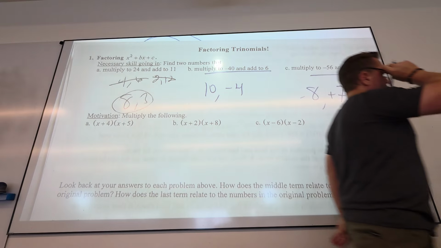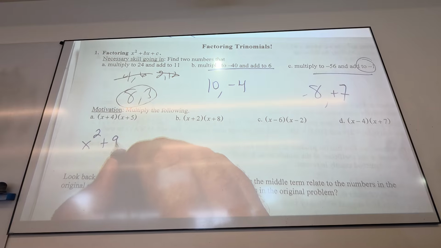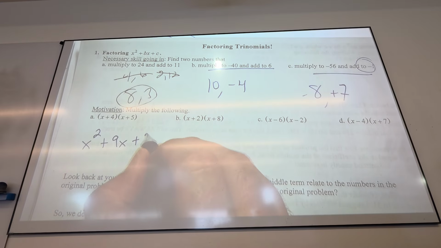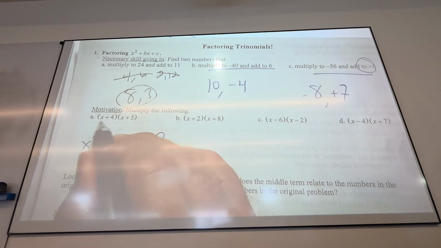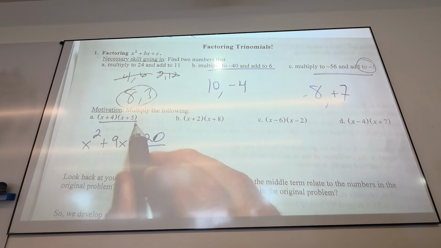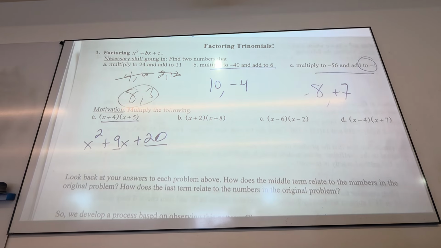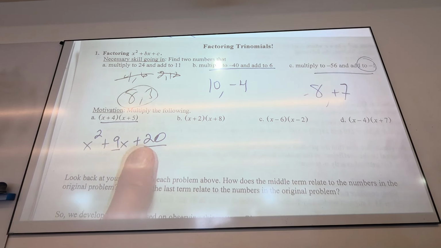So if I multiply, what did you guys get when you FOIL this out? Now, can you tell me, just looking at these, where did 20 come from? 4 times 5, and where did 9 come from? 4 plus 5, right? Two numbers that multiplied to be one thing and added to be another.